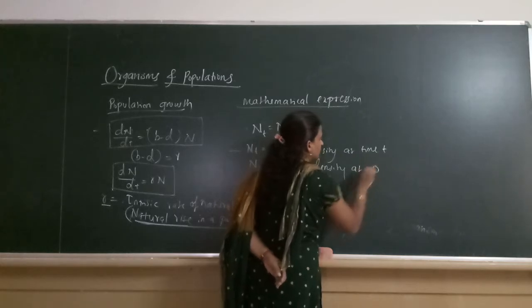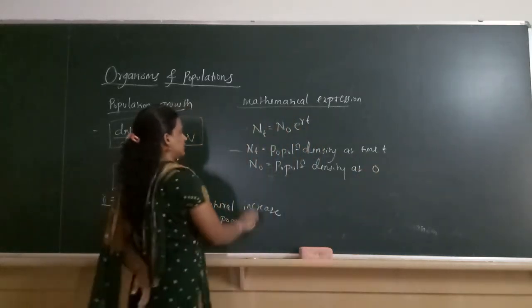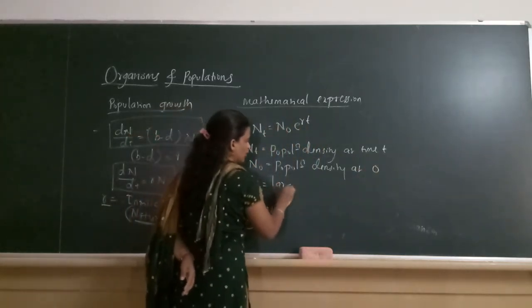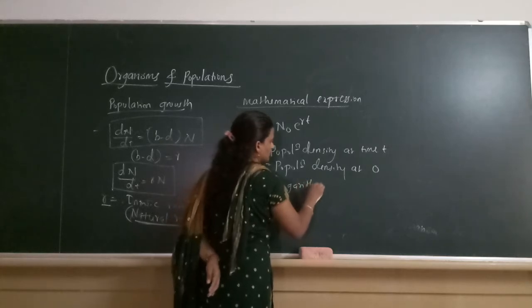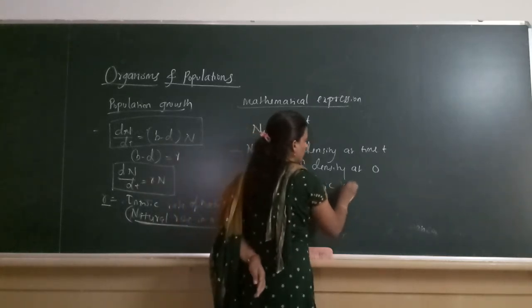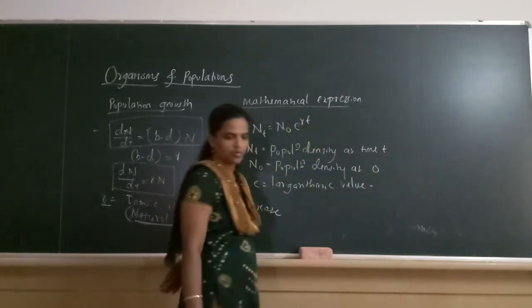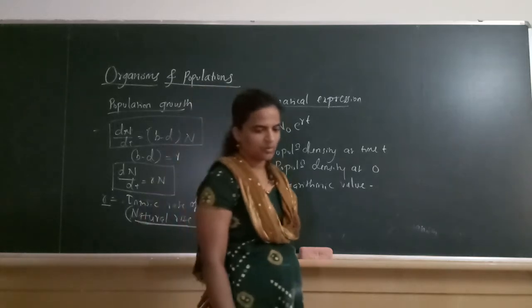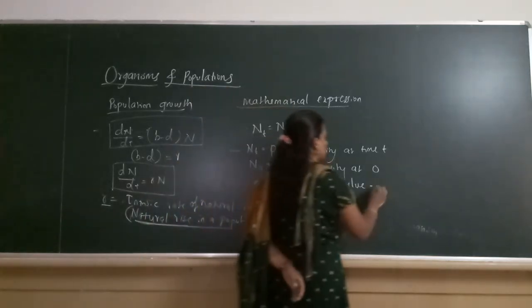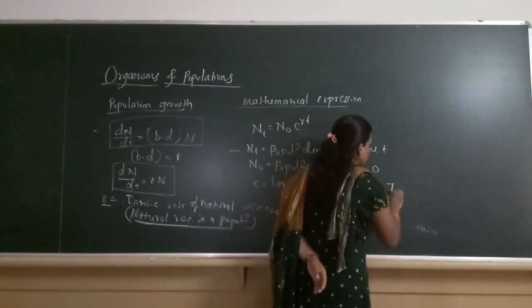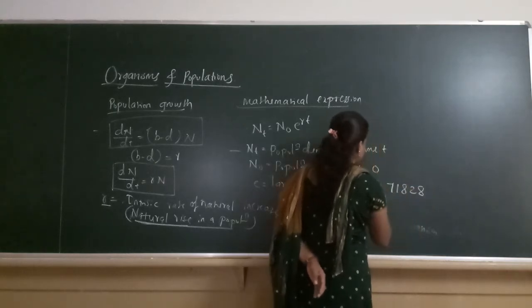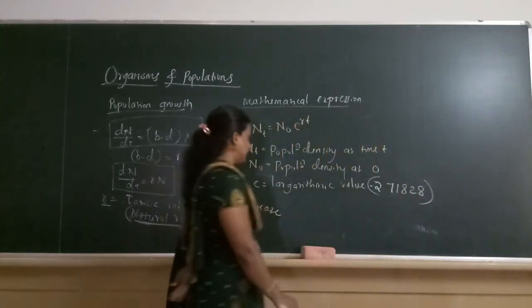Okay, next e refers to logarithmic value, that is 2.71828. This is the logarithmic value e. Okay.